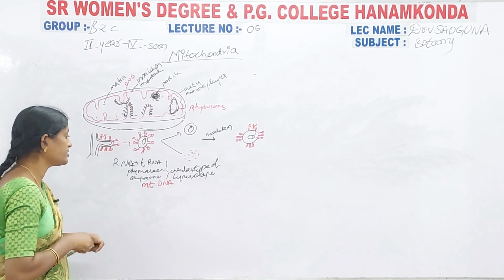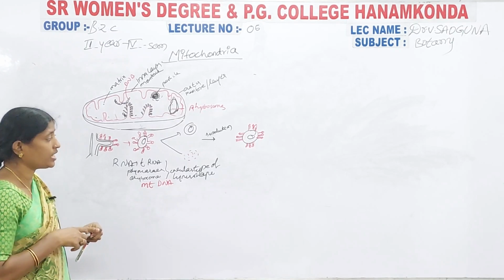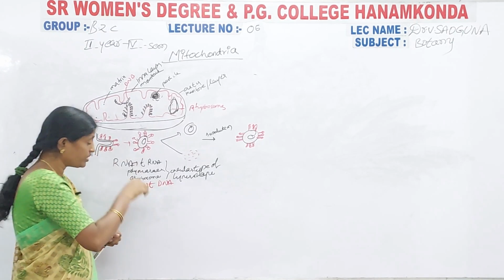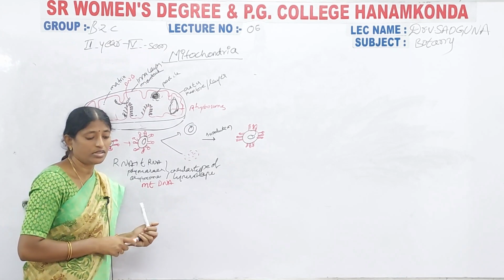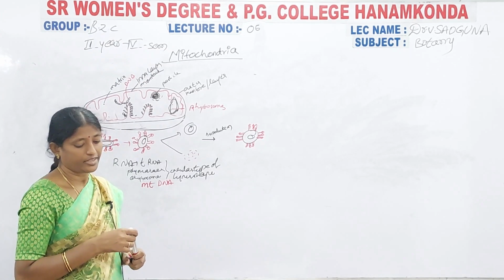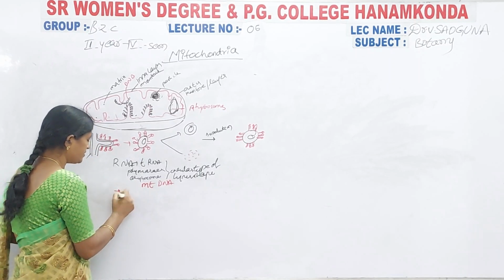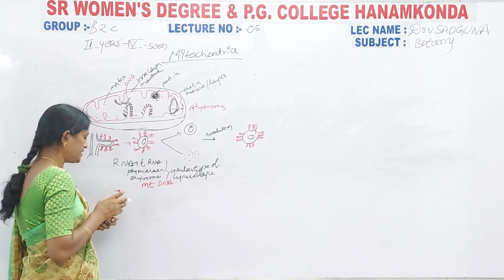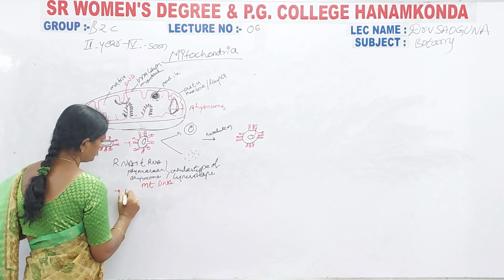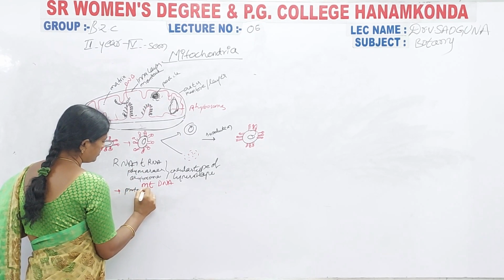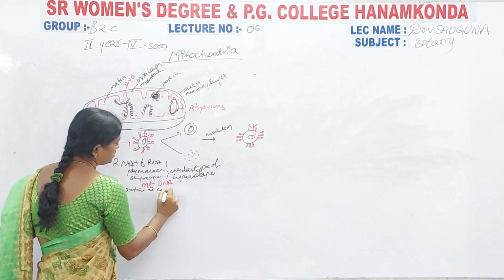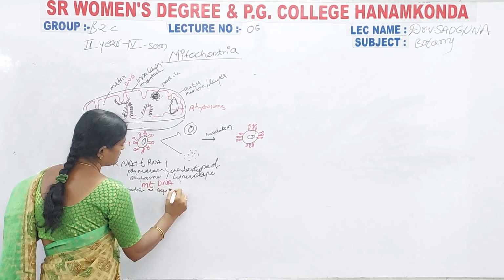Whenever the gene is composed in the mitochondrial structure, the mitochondrial genome, it is called mtDNA or mitochondrial DNA. So here the proteins are completely synthesized.